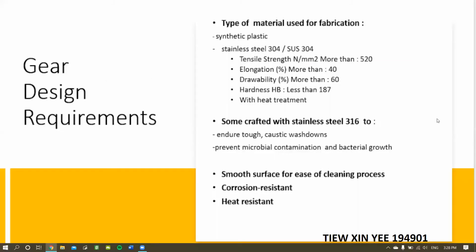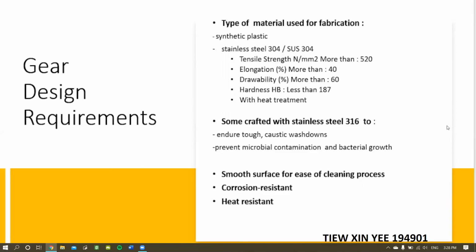Okay, so this is the general gear design requirement for the two industries that I just mentioned. First of all, for the type of material used for fabrication, normally there are two types. One is synthetic plastic.